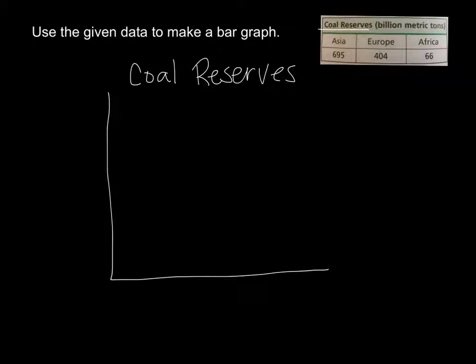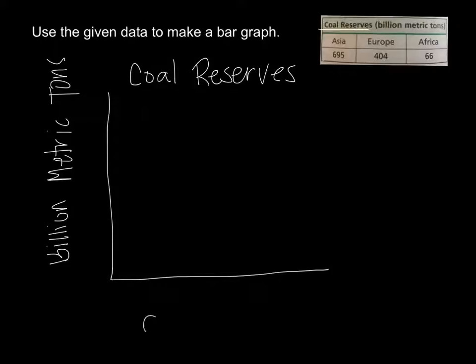Along the side, I'm going to do billion metric tons. And I like to label first because if I don't label first, I know I'm going to forget to label. So it's always very important to me to label first.